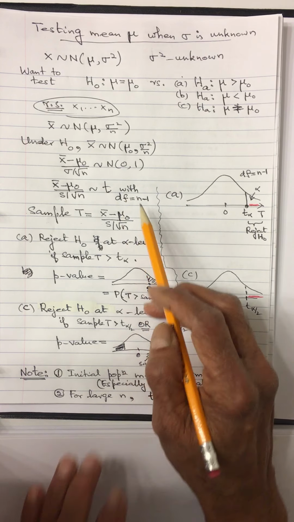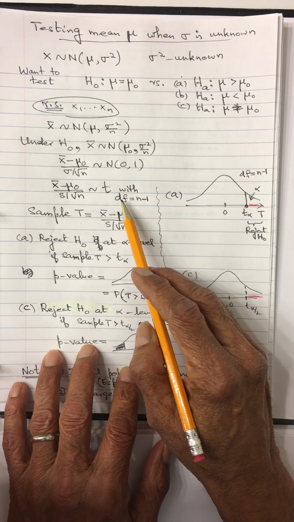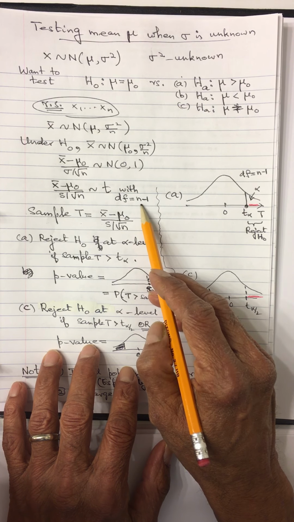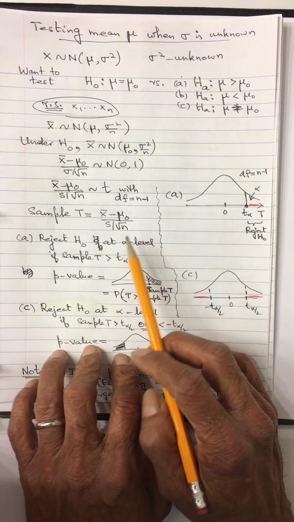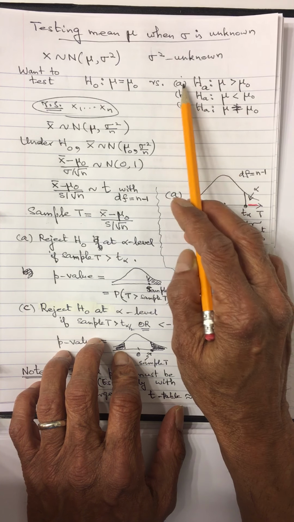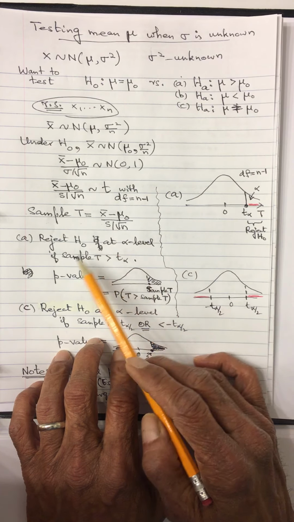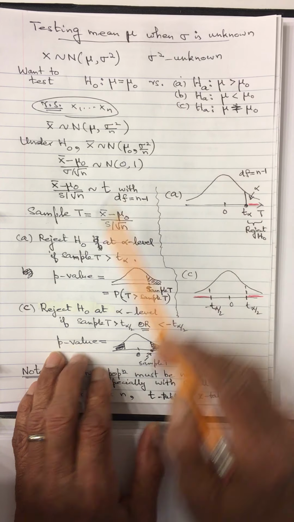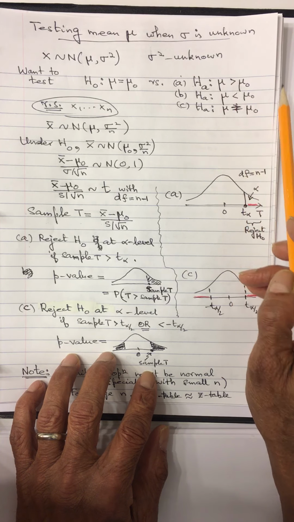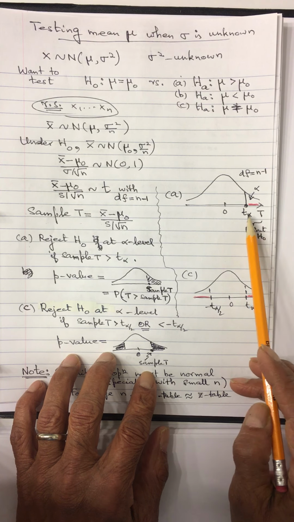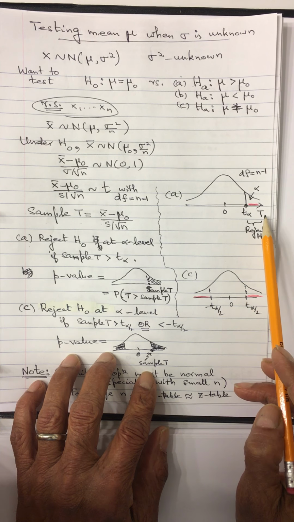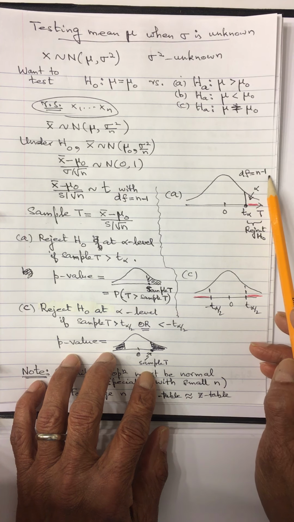This has a t distribution with degrees of freedom n minus 1. Say, for example, if your alternative hypothesis is part A, the rejection region is going to be on the upper tail. This is the table value coming from the t table with degrees of freedom n minus 1.